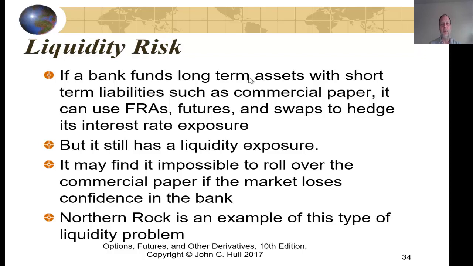The banks ended up in a situation, and the savings and loans in a far worse situation, where their assets, home mortgages, were paying a lower interest rate to the banks than they had to pay out to their depositors. They lost a lot of money and were bailed out by the taxpayers. So that was the crisis in the late 70s and early 80s.